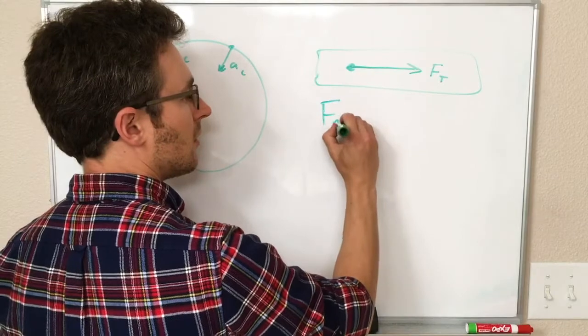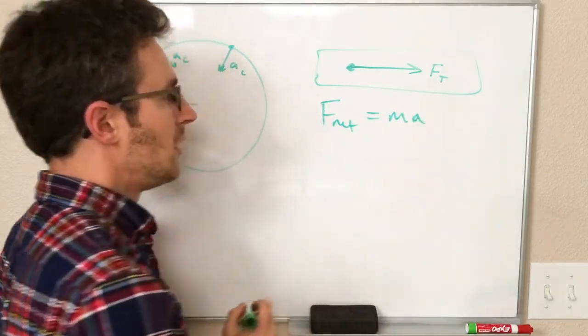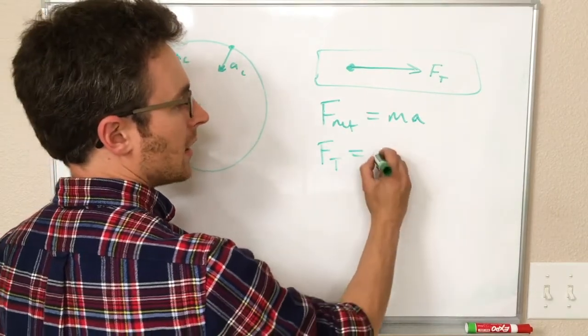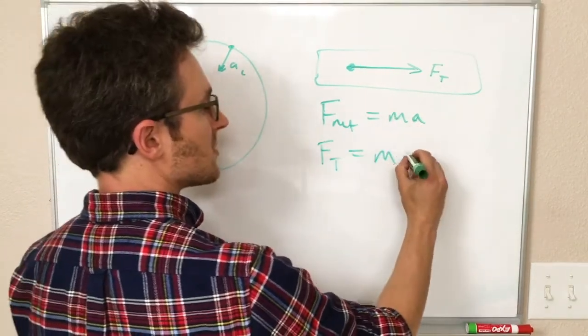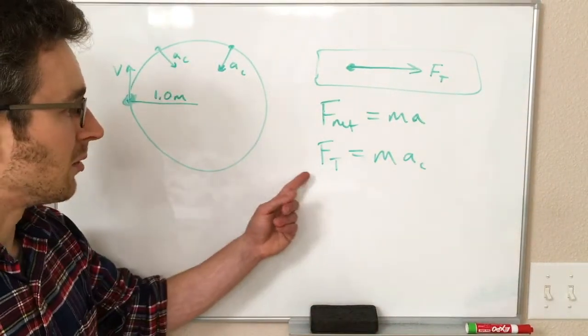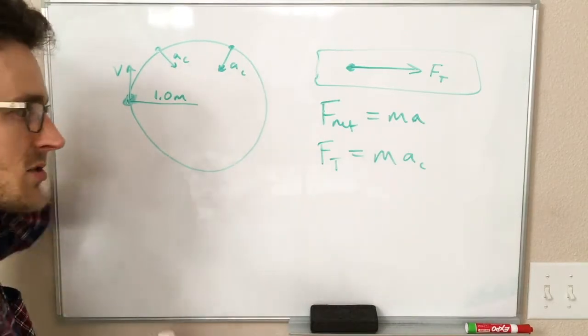Newton's second law is that the net force is equal to ma. In this case, our only force is tension, and our acceleration is this centripetal acceleration. So for this problem, to find the force, we need to find out what this acceleration is.